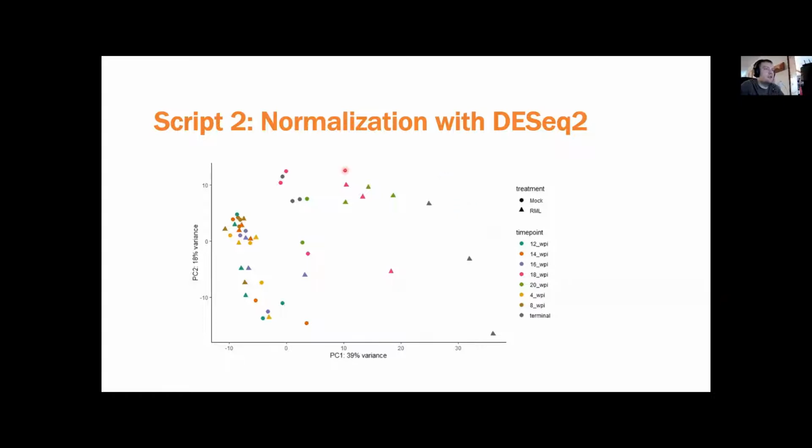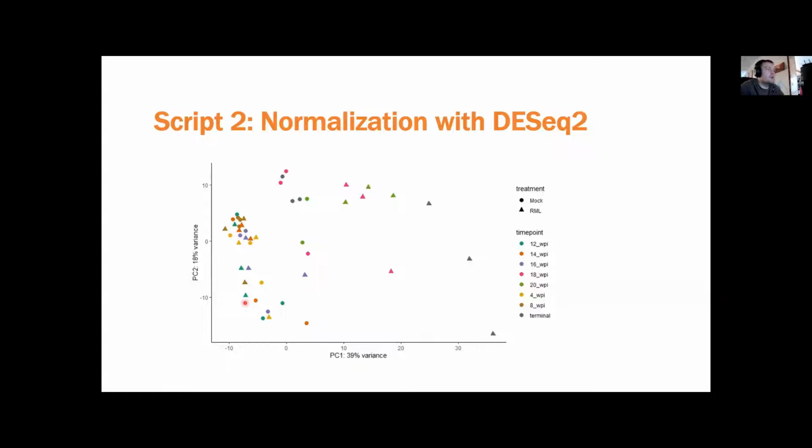So we can see that the RML samples at these 3 time points, the terminal, 20 weeks post-infection, and 18 weeks post-infection, all cluster very separately from the rest of the data set in the PCA analysis. This is telling us that these samples have a strong association with prion disease. So in other words, prion disease is likely to be driving gene expression in these samples.